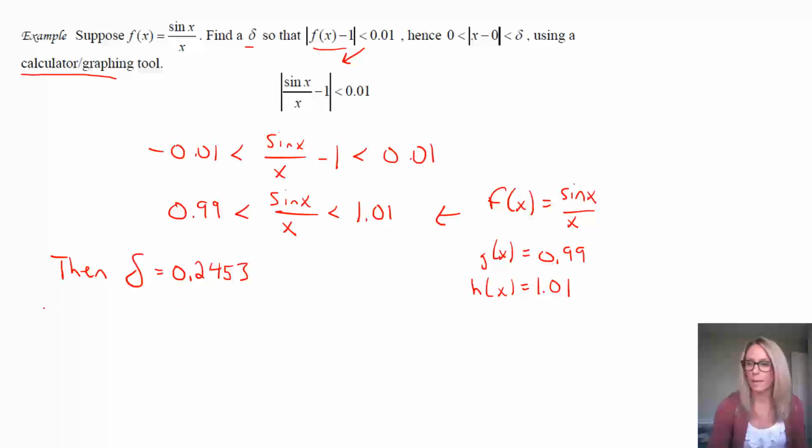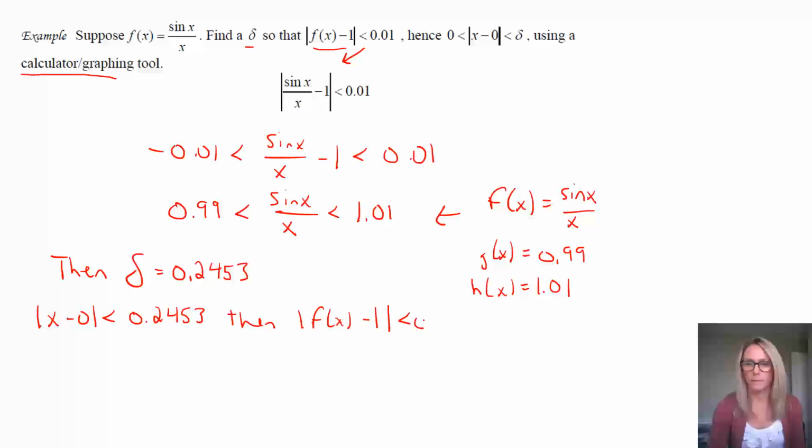So that tells us that when the absolute value of x minus 0 is less than 0.2453, then the distance between our function f of x and the limit is going to be less than 0.01.